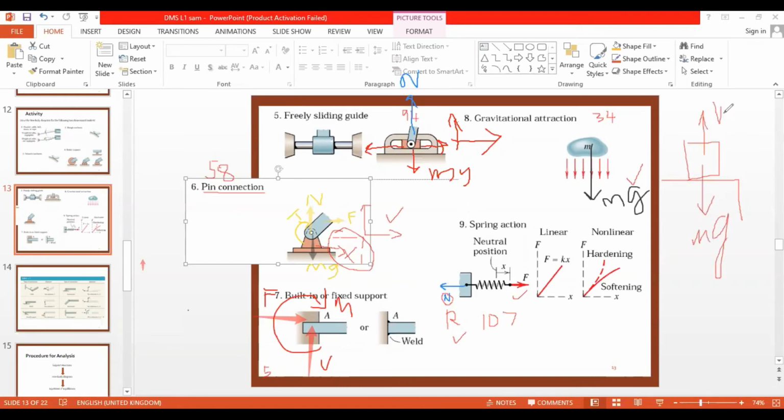Usually I'm saying this would be the case, but if you write N here, that's not wrong. What I'm saying is usually we denote it like this. In case of a spring, we will have a force F, and then the reaction force would be denoted as R.